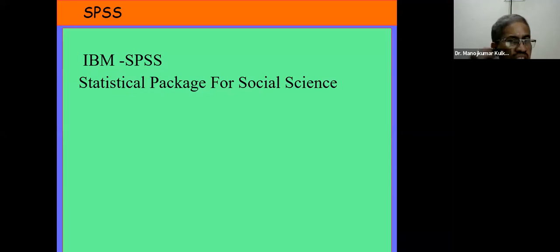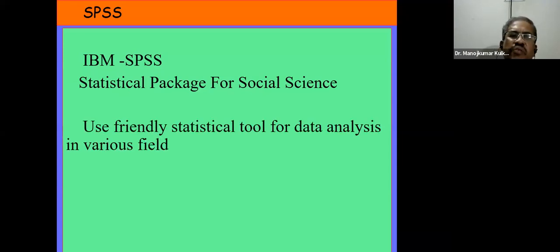Once SPSS is installed and functional, you can make use of it for your data analysis. So the installation process is easy, but the only thing is you have to get the software from the company, and also you should get the license number, username and password.